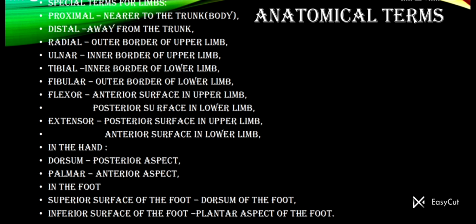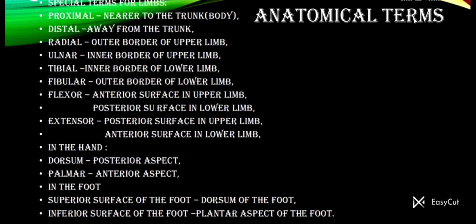The inferior surface of the foot, the sole of the foot, is called plantar aspect. These are the special terms used for limbs: proximal, distal, radial, ulnar, tibial, fibular, flexor surface, extensor surface.